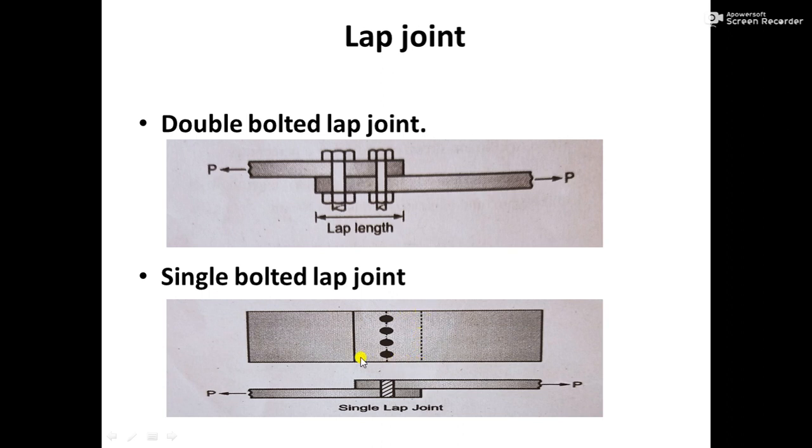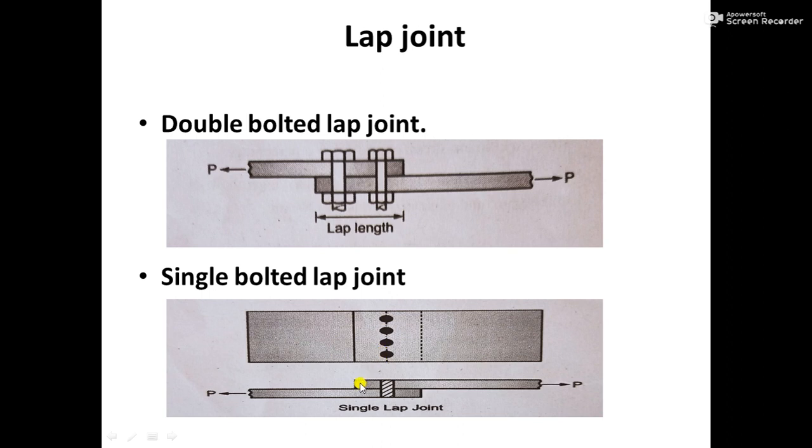This plate is below, since here is a dotted line, that is, this edge is not seen from the top view. So this plate number 1 is placed below this plate number 2 and then bolted connection is provided.